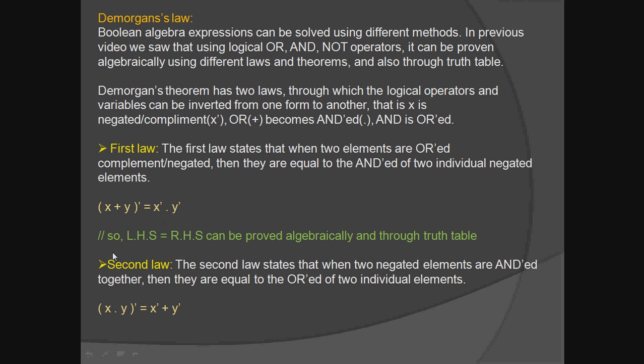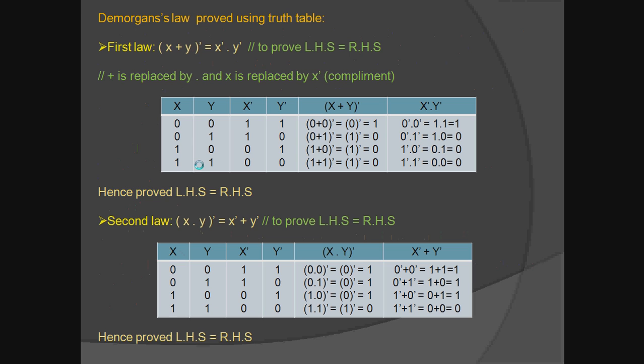So the second law states that when two negated elements are ORed together, then they are equal to the AND of two individual elements, that is x and y, the whole complement equals x complement plus y complement. Okay, so these two laws, I'll show you how to prove it using the truth table. So here, De Morgan's law proved using truth table.